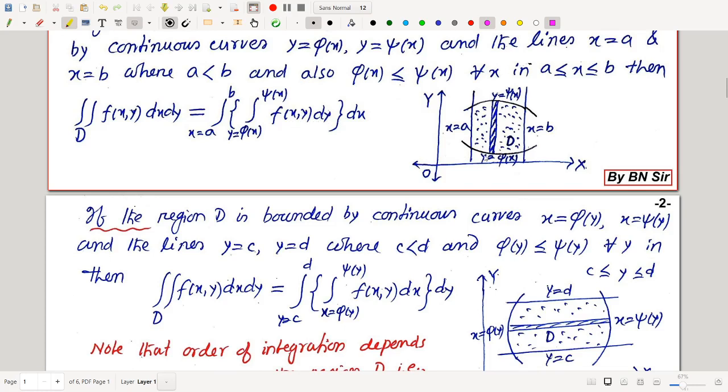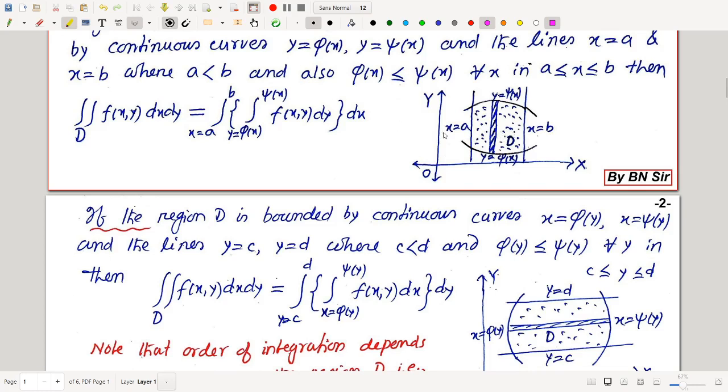So x constant means the strip is parallel to the y axis. After integration, if we put the limits for y, from phi x to psi x, the whole expression will involve only x, that is, it will become a function of x alone. Then we integrate with respect to x from x equal to a to b, meaning the strip is shifted from x equal to a to x equal to b and the whole region is covered.